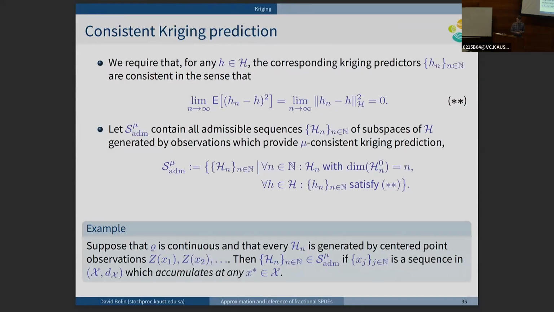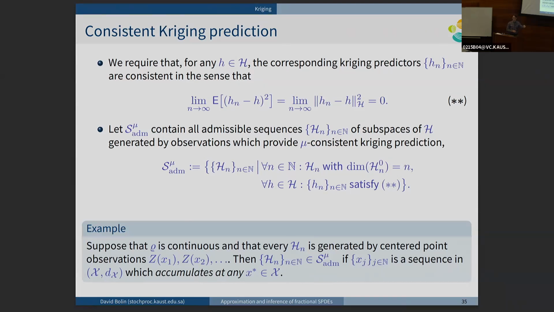For instance, if you have everything based on point predictions, then any sequence Hn would be admissible if, for any point in the space, you have observation locations that are accumulating at that point.